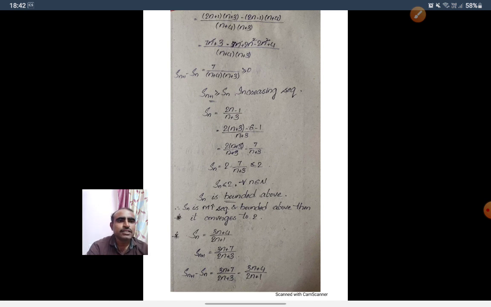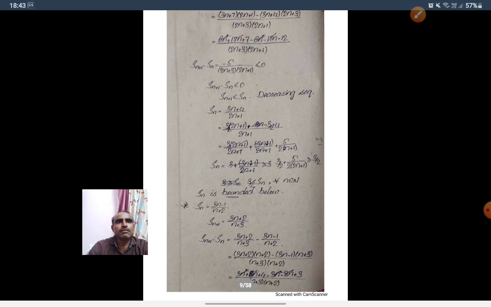See the second example. Sn is equal to 3n plus 4 by 2n plus 1. Sn plus 1 is equal to 3 into n plus 1 plus 4, that is 3n plus 7 by 2n plus 3. Consider Sn plus 1 minus Sn. That is 3n plus 7 by 2n plus 3 minus 3n plus 4 by 2n plus 1.